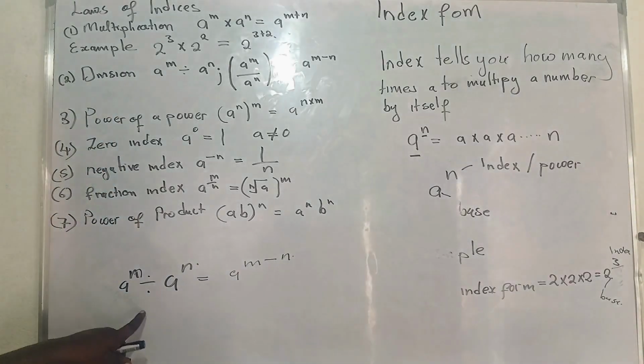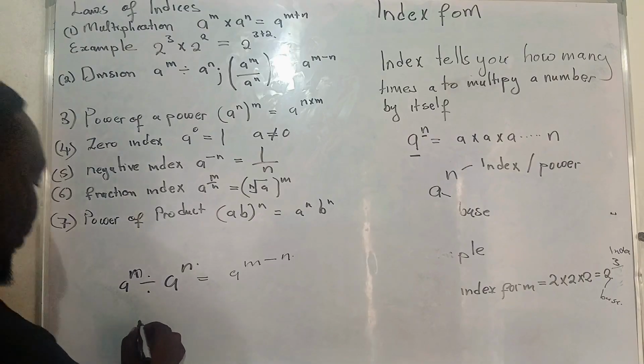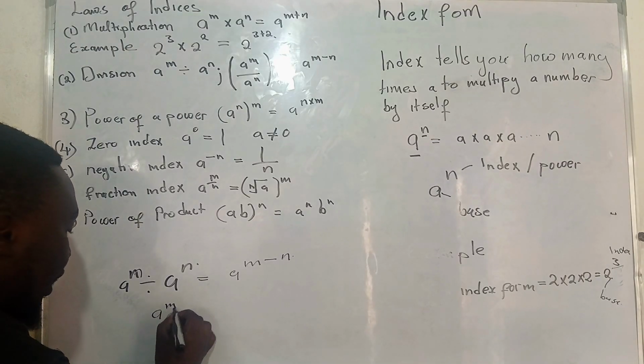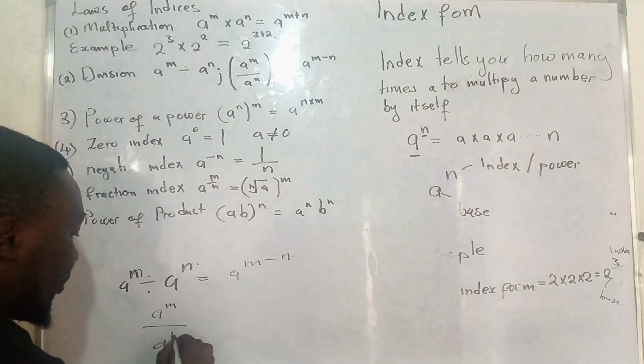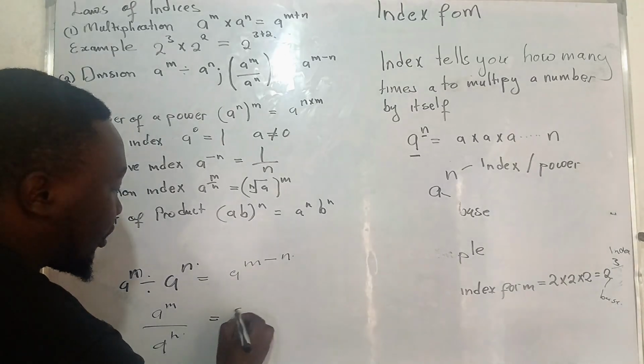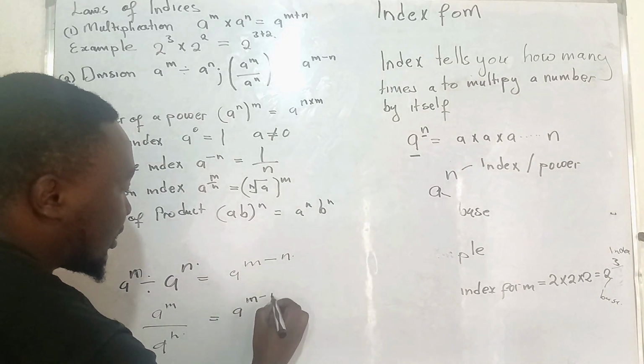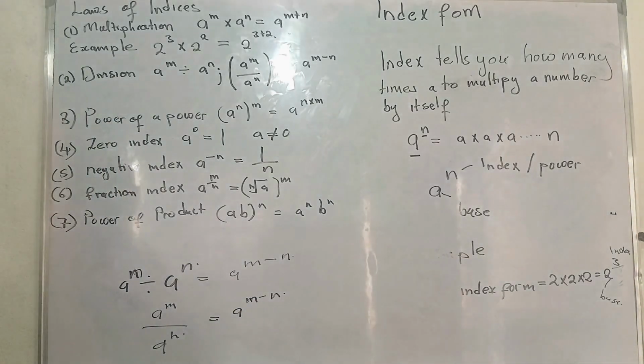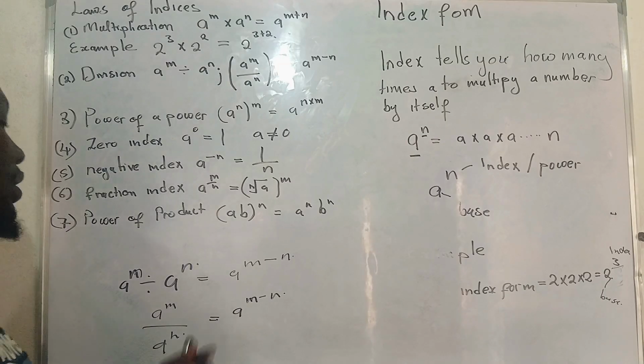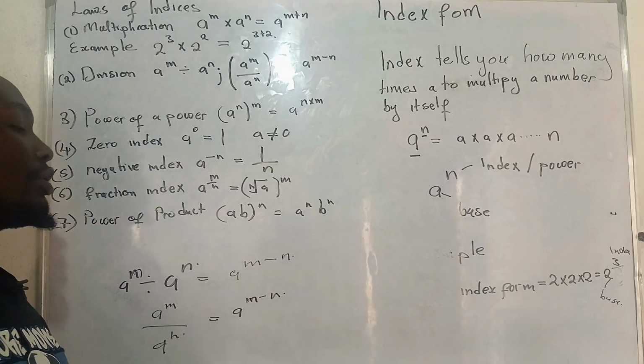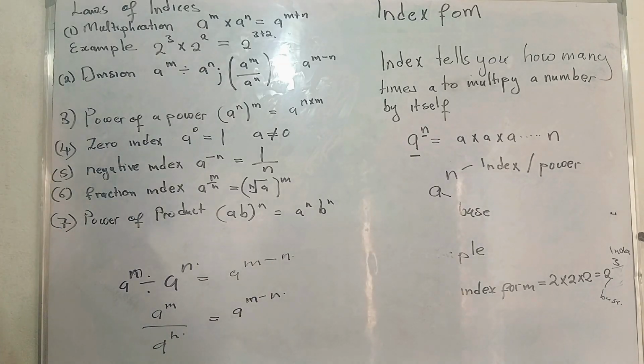So division can appear like this, or it can appear as a to the power m over a to the power n. Both produce this result. You take the common base and you subtract the powers.